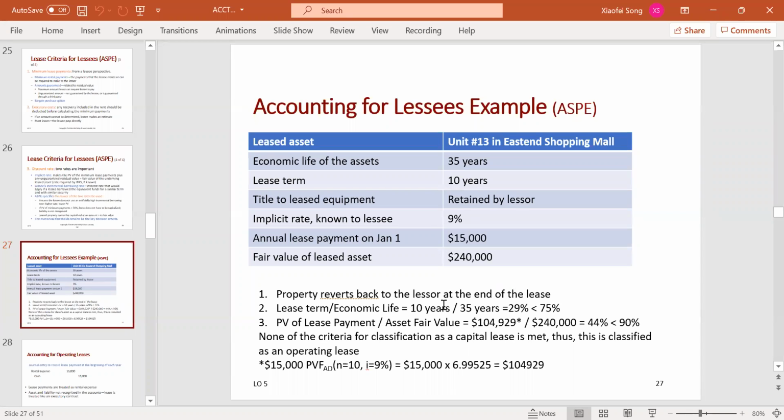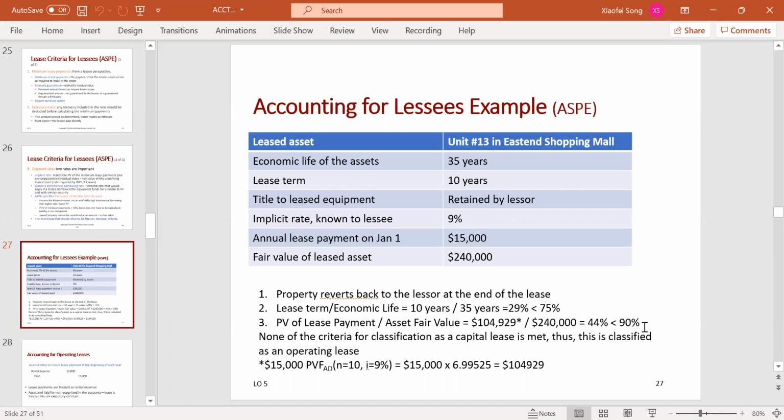Present value of lease payments. If we discount this $15,000 annuity due at 9% over 10 years, we get $104,929. Just take my word for it, you can try it later. Compared to the fair value of $240,000, that's 44%, which is less than 90%. So all three criteria say it missed the mark, so it's an operating lease.